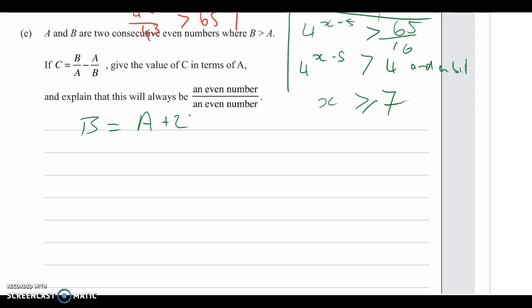B is larger than A, and it'll be 2 after A. So whatever even number A is, 2 places afterwards would be B. So C can be written as A plus 2 over A minus A over A plus 2.